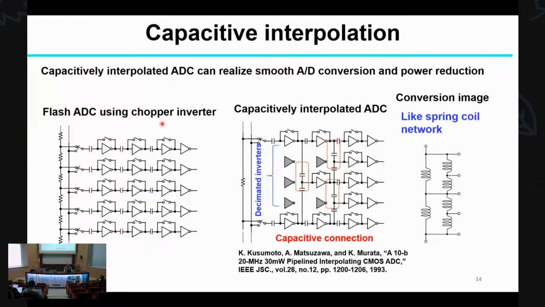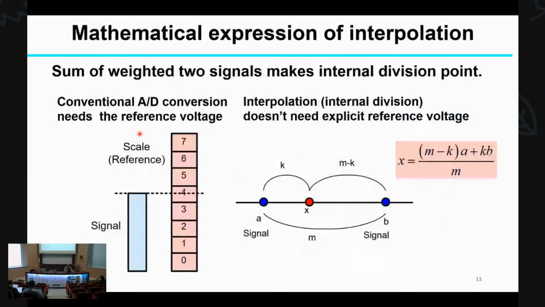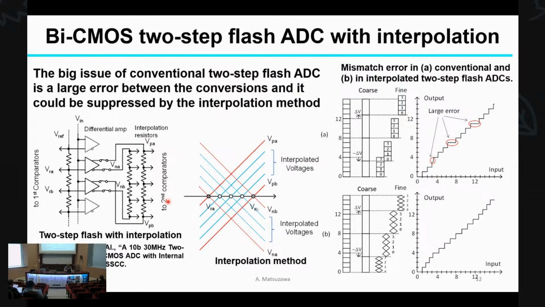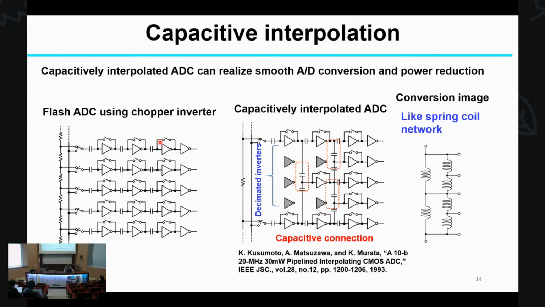So previously, we developed this method for the interpolation. However, it cannot be applied to CMOS, such as a flash ADC using a chopper. So we realized interpolation using a capacitive method, such as connecting a voltage with a capacitor, and also connecting to the voltage of the next stage by a capacitor.